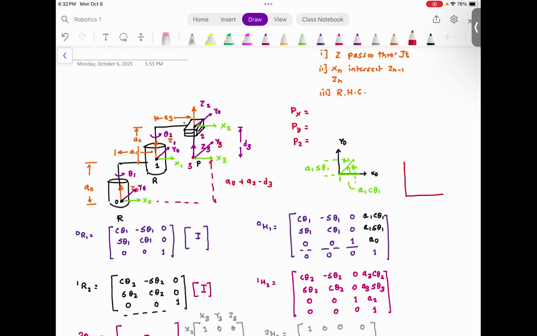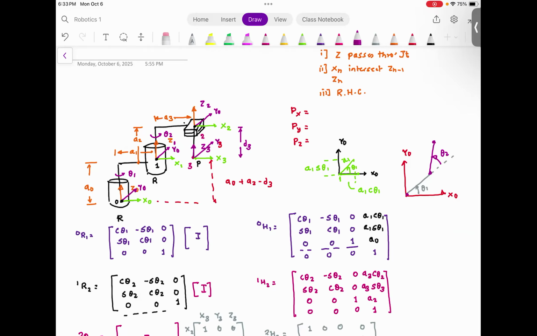Everything needs to be with respect to X0 and Y0. You agree with me? So let's assume that you have rotation theta 1 and rotation theta 2.